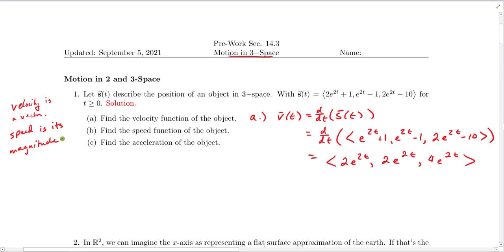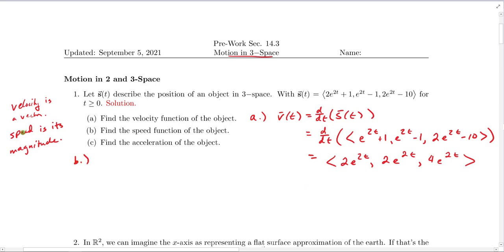This is really nice because the distinction was a little bit harder to see in one-variable calculus, where the only notion of direction we had was moving to the right or to the left. But now, because we can have vectors pointing in any direction in either 2 or 3 space, it makes a lot more sense to distinguish between velocity and speed. So let's go ahead and find the speed function of this object.